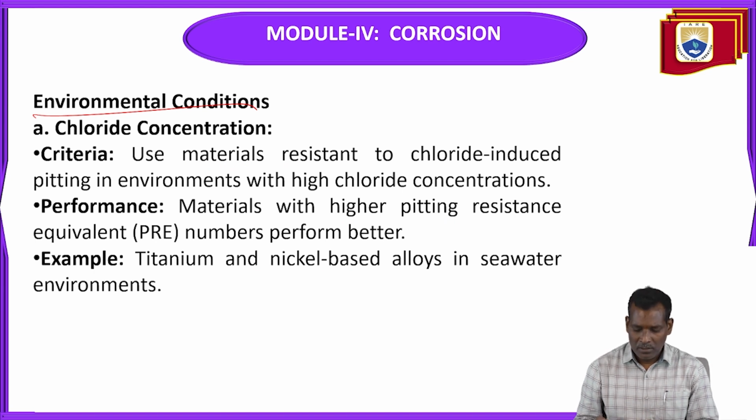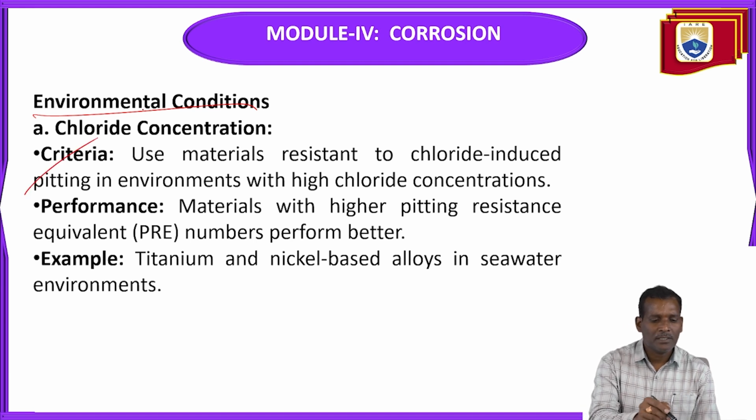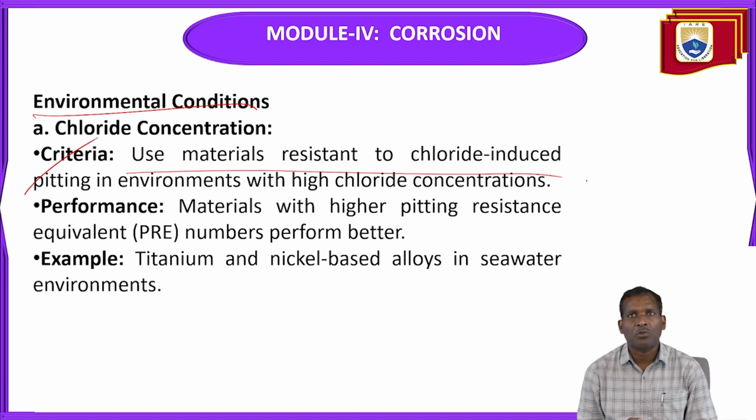The environmental conditions are also important in this corrosion. They influence the corrosion rate, such as the chloride concentration. The criterion is to use materials resistant to chloride induced pitting in environments with high chloride concentrations.